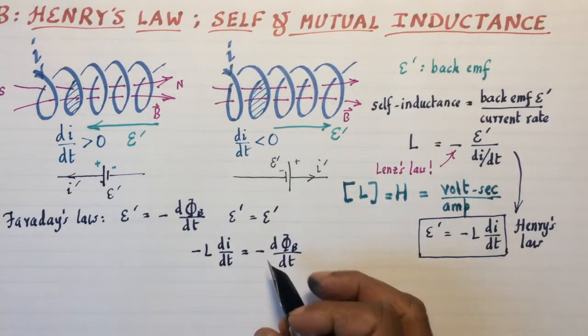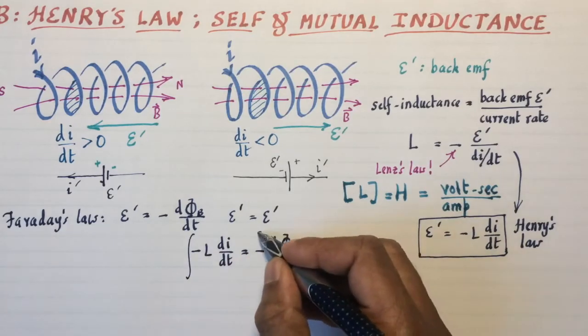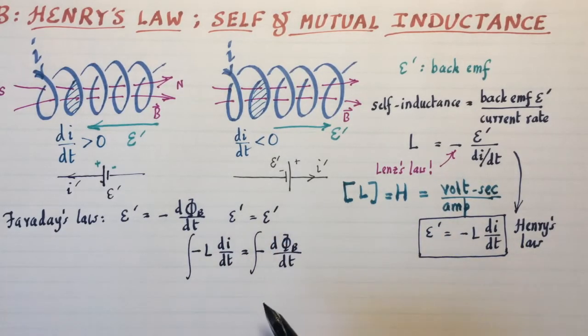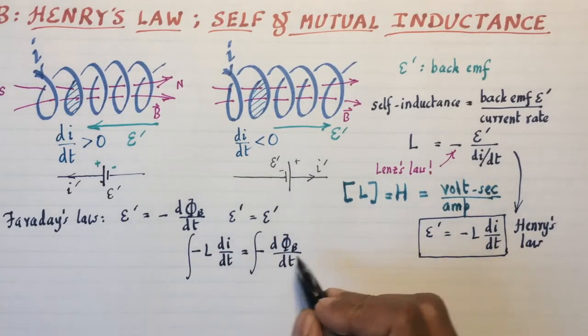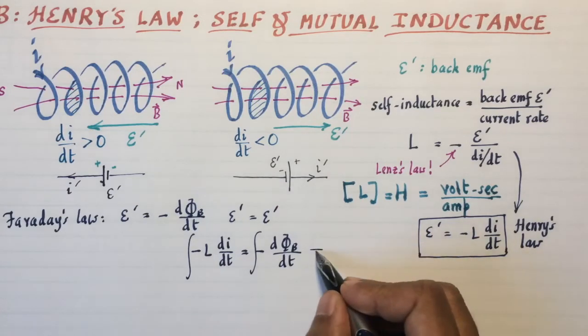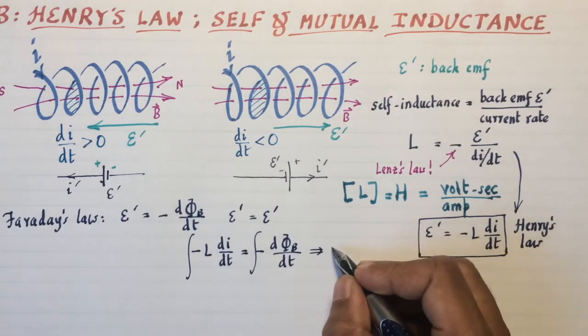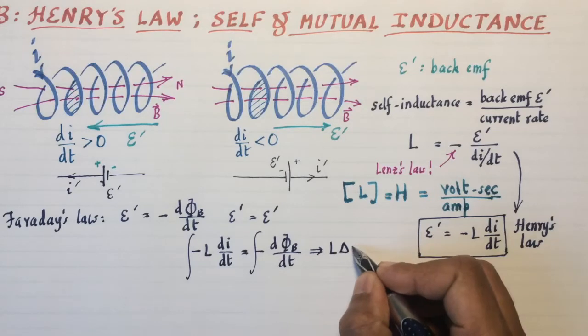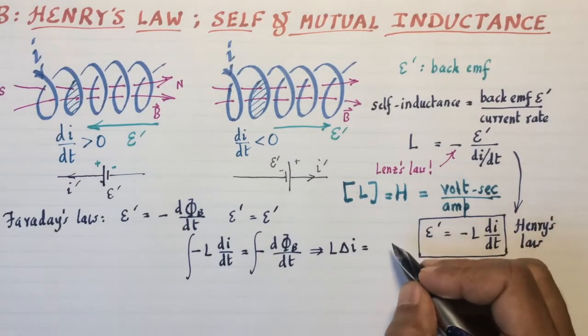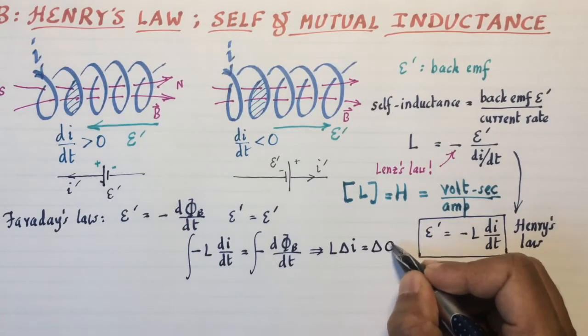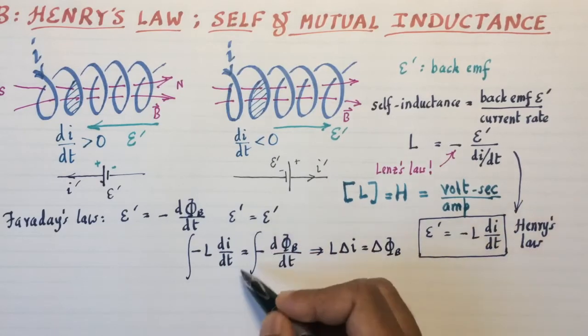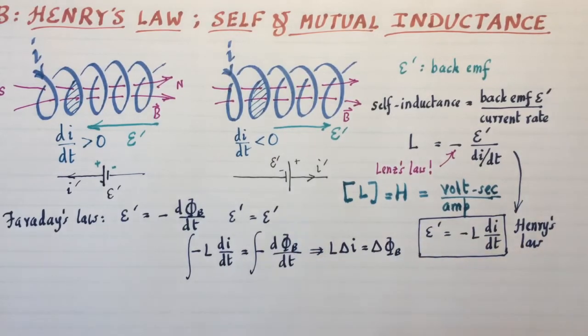The negative signs can cancel out, and then you can also integrate both sides. When you integrate both sides, L comes out of the integral sign, and the dt's kind of cancel out. This is all very hokey calculus, but you can do this very rigorously. So L delta I becomes delta phi. And that's the first fundamental theorem of calculus. The integral of a differential is the same as the change.